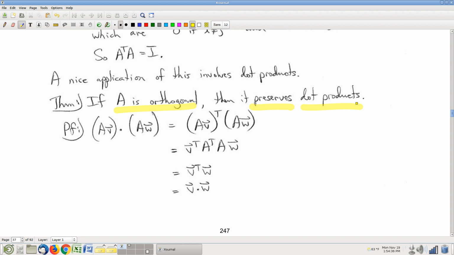Well, of course you're going to get wildly different answers, the vast majority of the time. Right? So amazingly, though, for an orthogonal matrix, you always get the same thing. And you can see in the result that we have here what I'm talking about. If you have vectors V and W, AV dot AW is equal to V dot W.